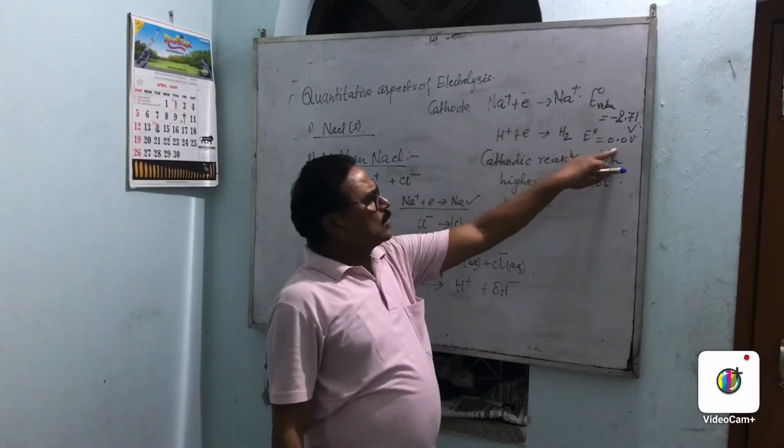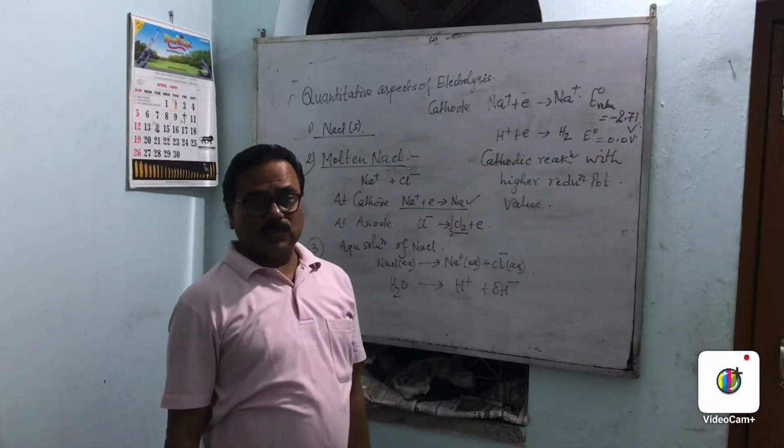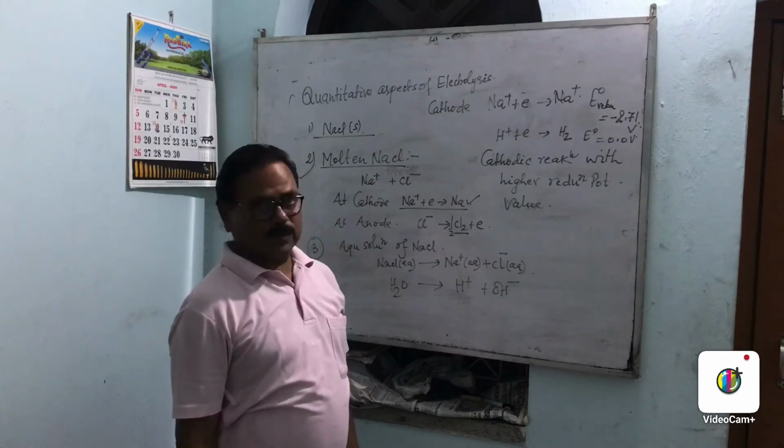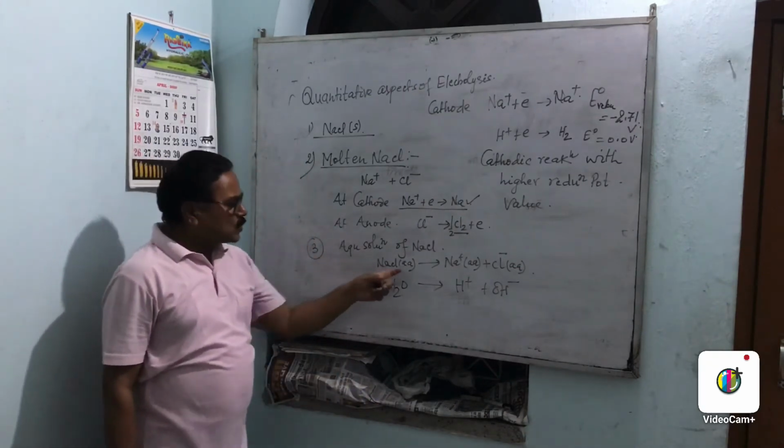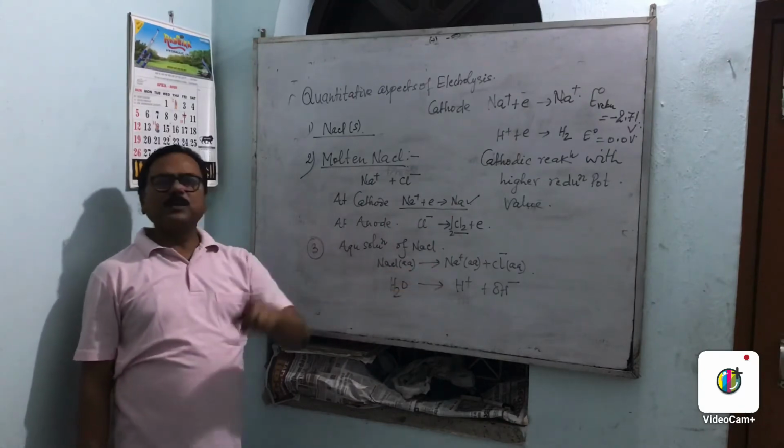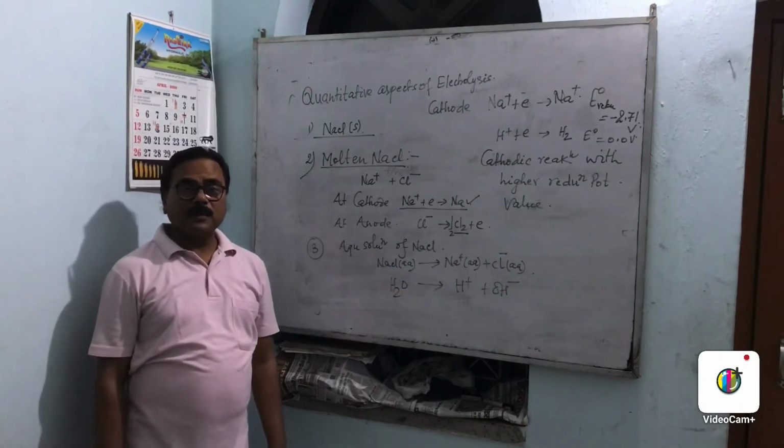Which one is higher? Obviously 0 is higher, because the other has a negative sign. So what will happen? Instead of sodium, hydrogen will be deposited at the cathode.